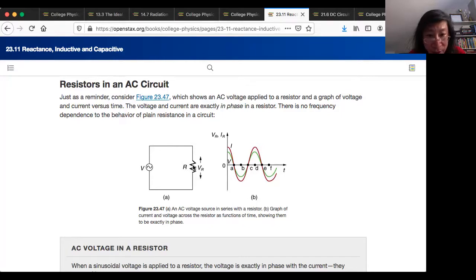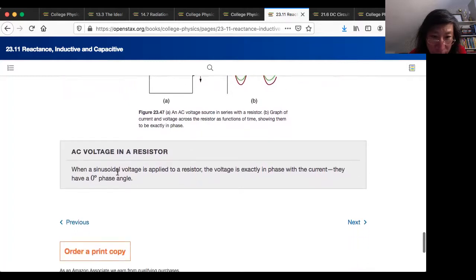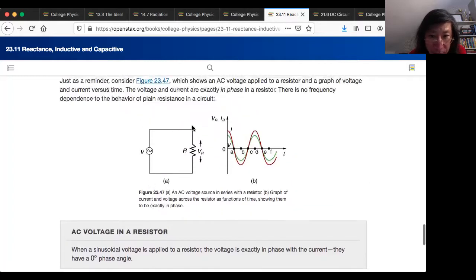Instead, it just takes whatever voltage and whatever current is flowing through and uses it. They are phased exactly the same, so you don't have to deal with any impedance thing. The reactance, inductive and capacitive, is not relevant in this case because the resistor just produces resistance, and it's in ohms, just like the reactance in inductors and capacitors.